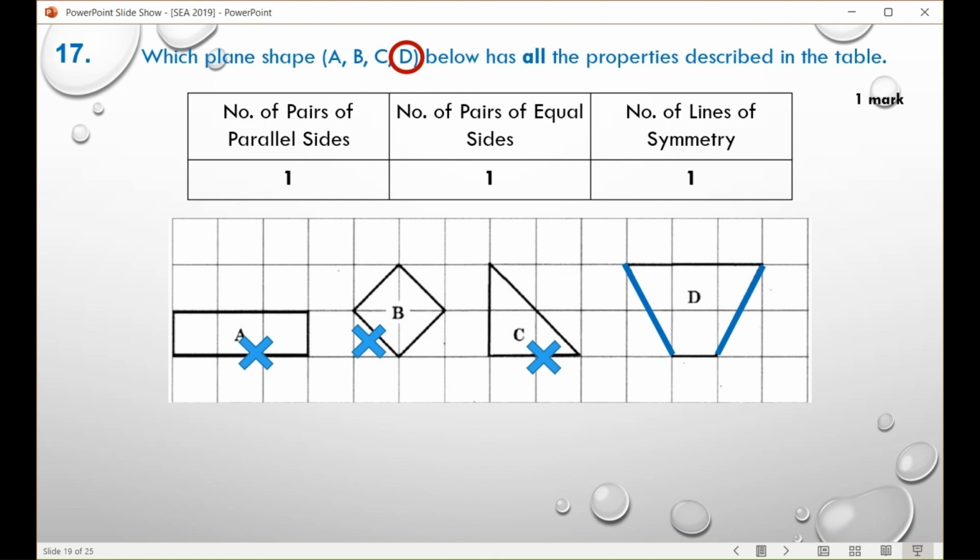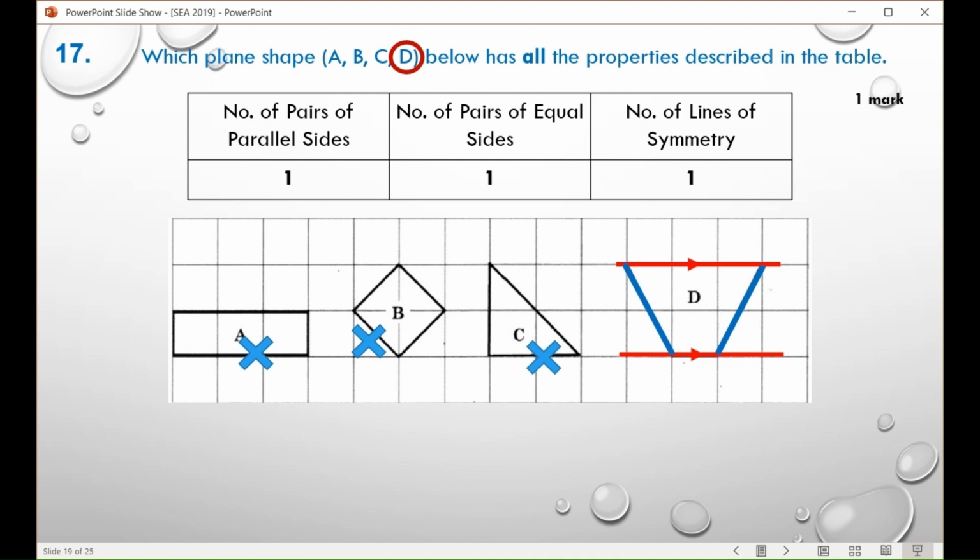Now let's look at the other sides. The top and the base are both parallel. So we have one pair of parallel sides, and we have one pair of equal sides, which are in blue. And is there any line of symmetry in this? Can we fold it on an imaginary line so that one side fits exactly over the other?